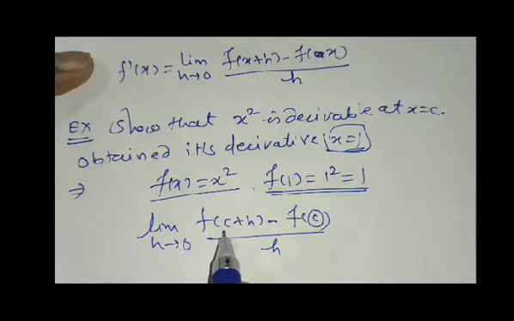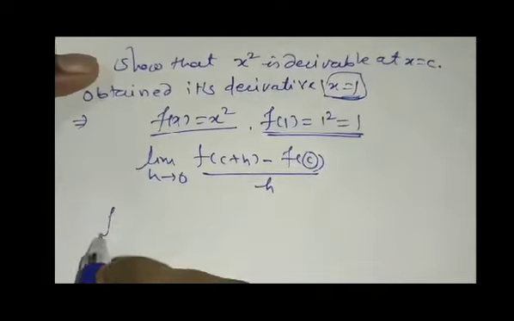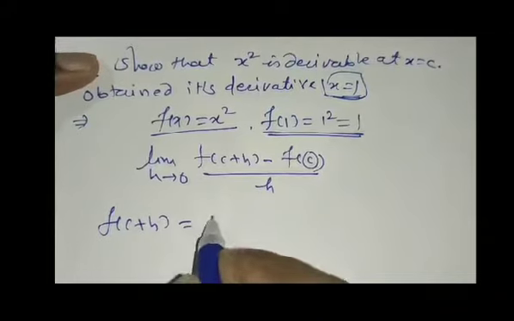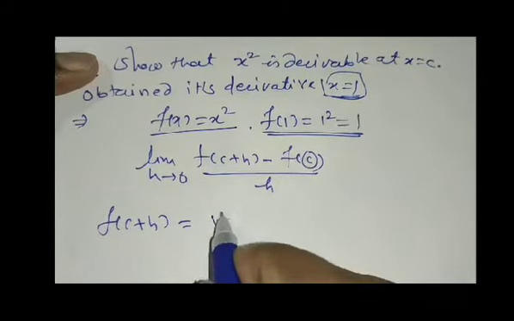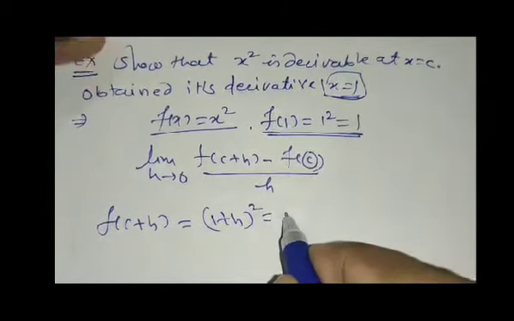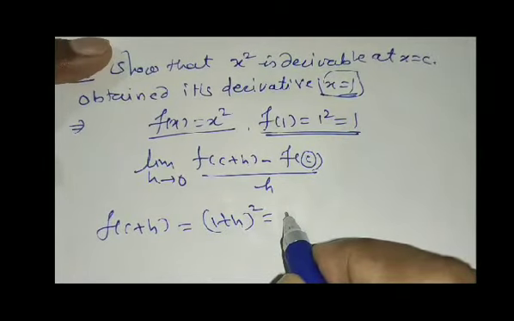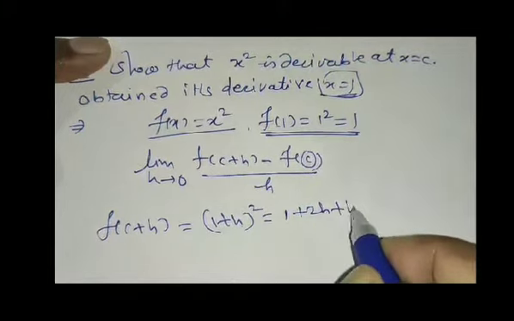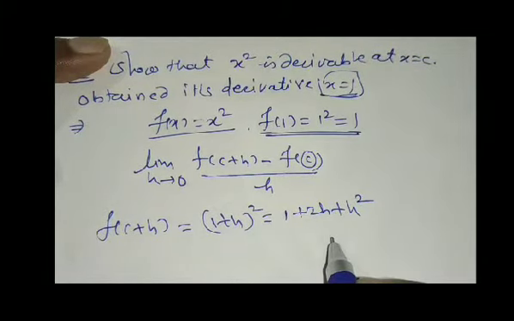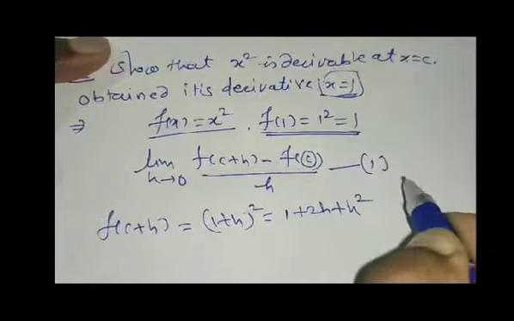Now we have to find f of c plus h. So f of c plus h is 1 plus h square, and 1 plus h square is 1 plus 2h plus h square. Now this is our formula.